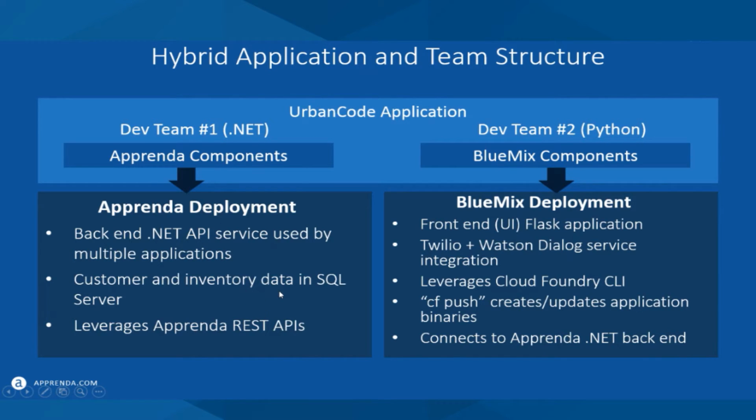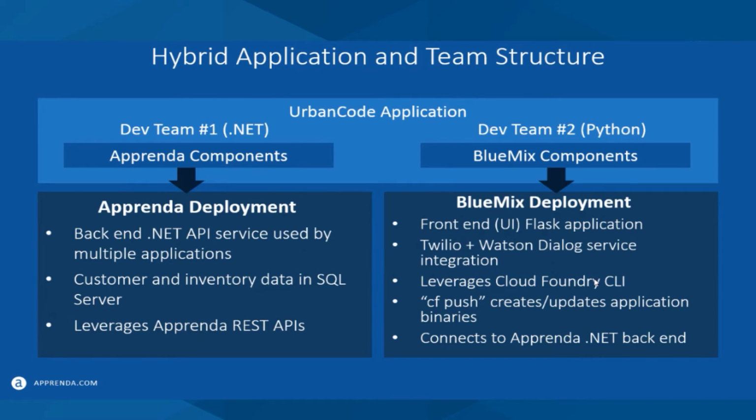In this case, it is a .NET service that's connected to a SQL Server database that provides a REST API to not just this BlueMix component, but to other enterprise applications that need access to sensitive customer data. So the enterprise customer may not be able, or as yet willing, to move that data into a public cloud environment. But you want the BlueMix team and the front-end team to be able to access it, and we want these teams to work effectively together. And UrbanCode is really the abstraction, the facade that provides that capability.